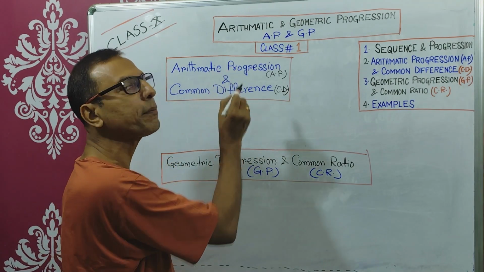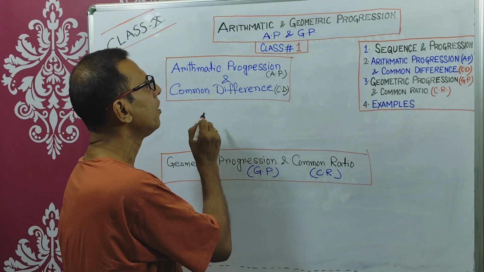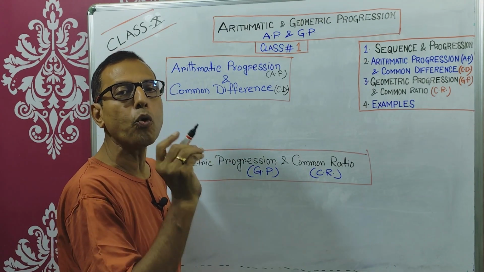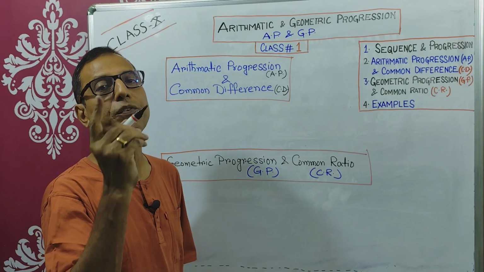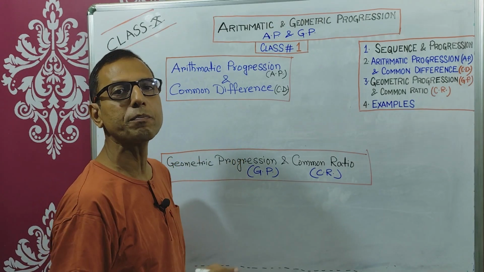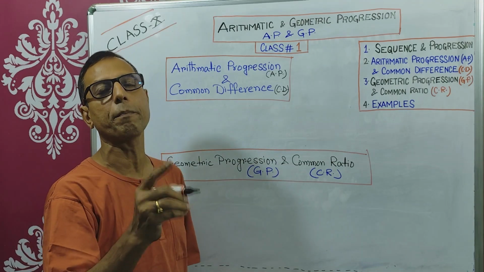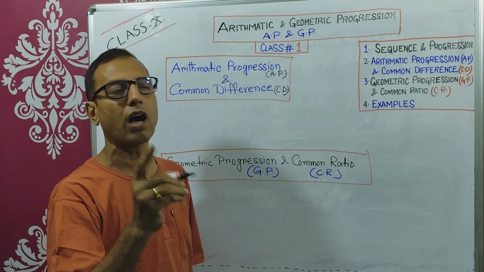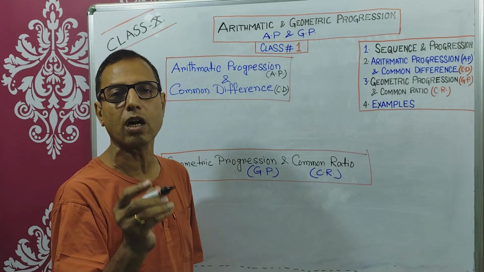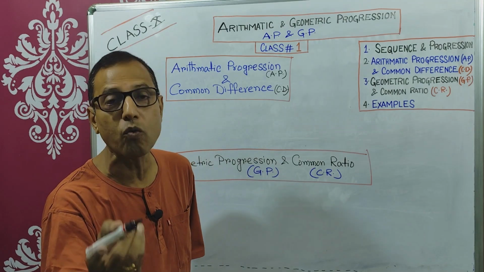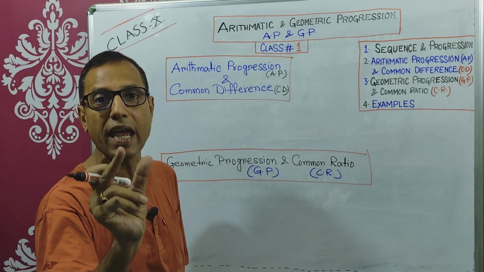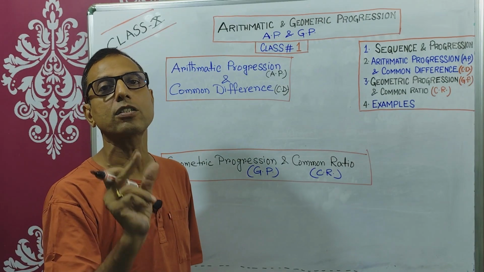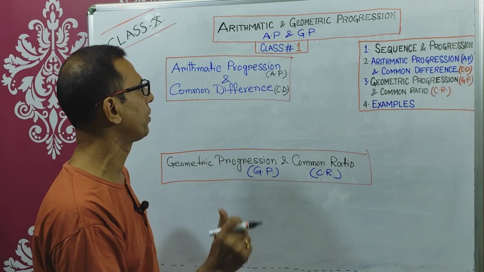For arithmetic progression, that uniform law is that the difference between two consecutive terms is always equal. That is called arithmetic progression.